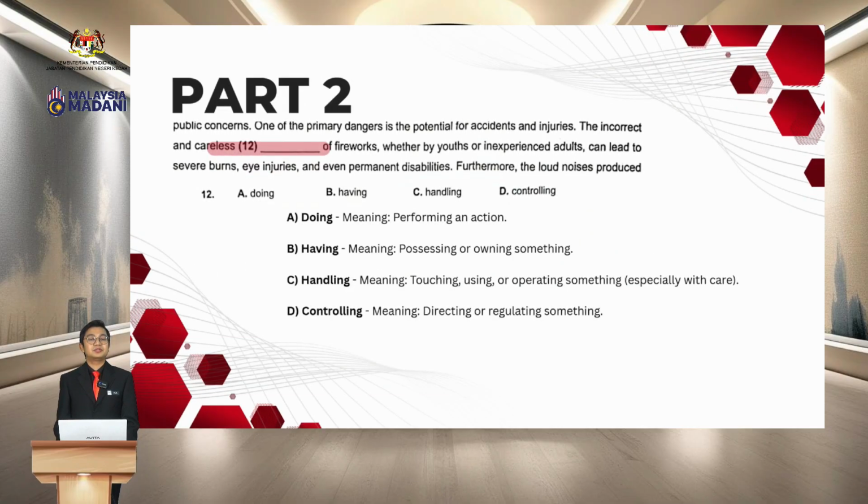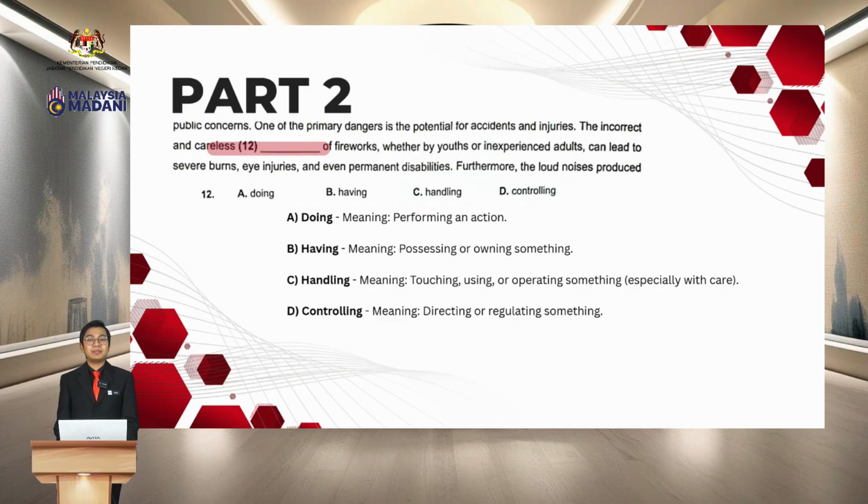Doing means performing an action. Having means possessing or owning something. Handling means touching or using or operating something. And controlling means directing or regulating something.